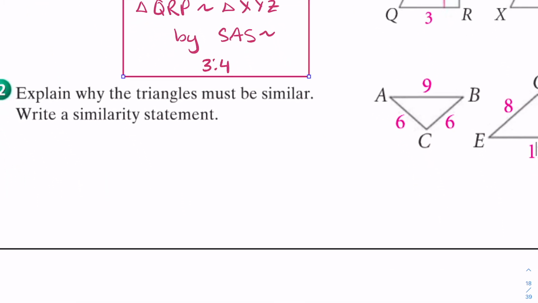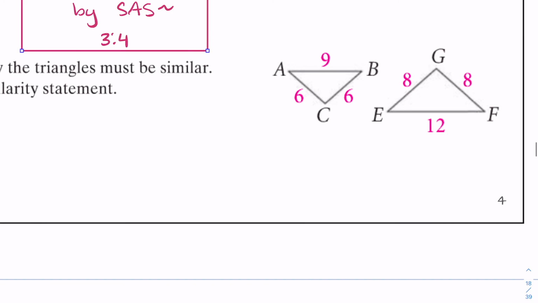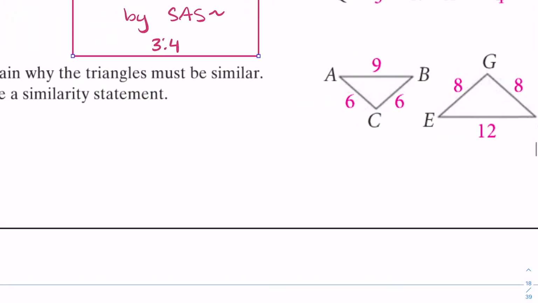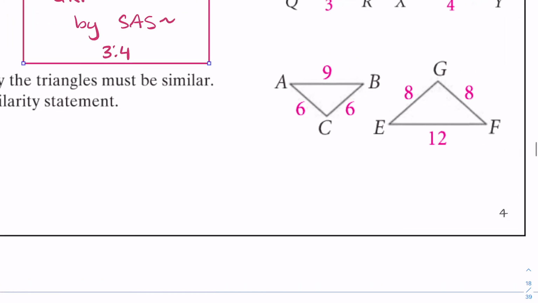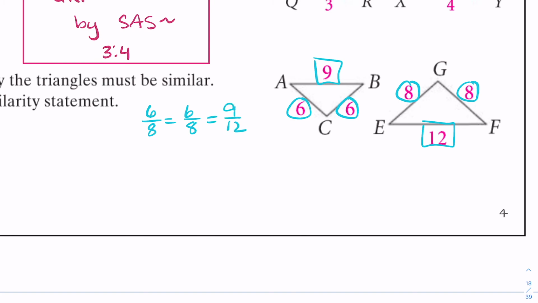All right, explain why the triangle must be similar. This one we are going to do, we'll take our 6s with our 8s. Doesn't really matter the order for these. And then we'll take our 9 over our 12. And so 3/4, 3/4, 3/4.